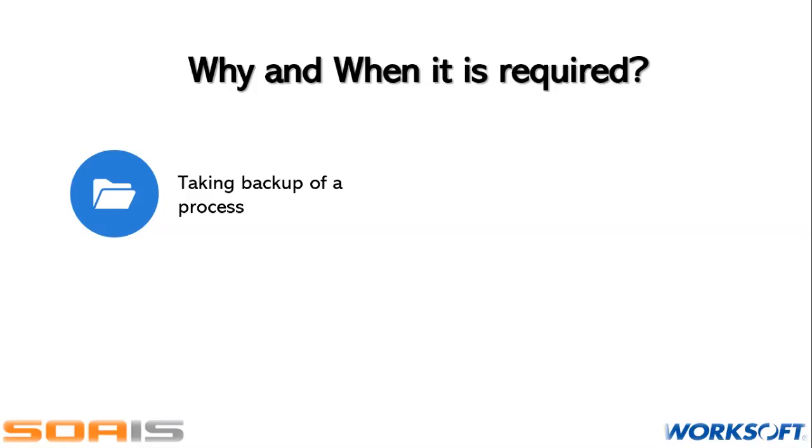So if there is a backup, then we can do that. Before this process versioning feature, we used to take a backup by doing a save as of the process. But then 2 different processes will be there in the system.